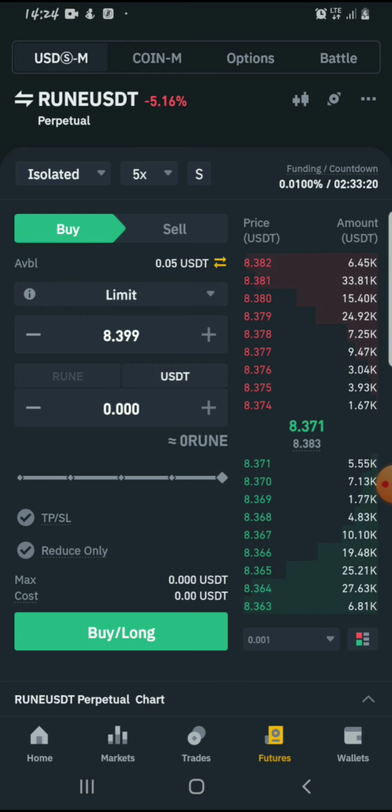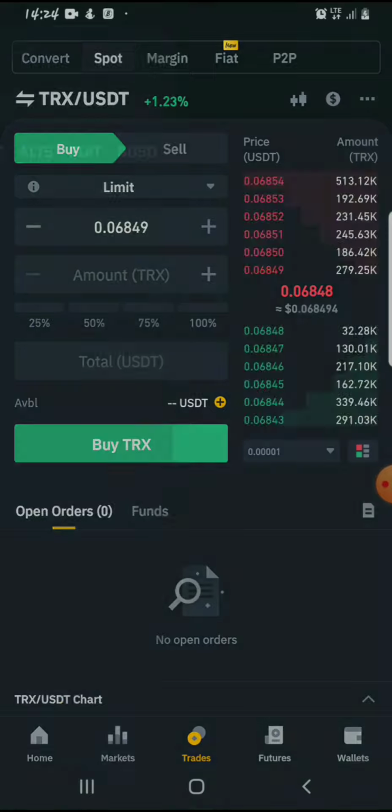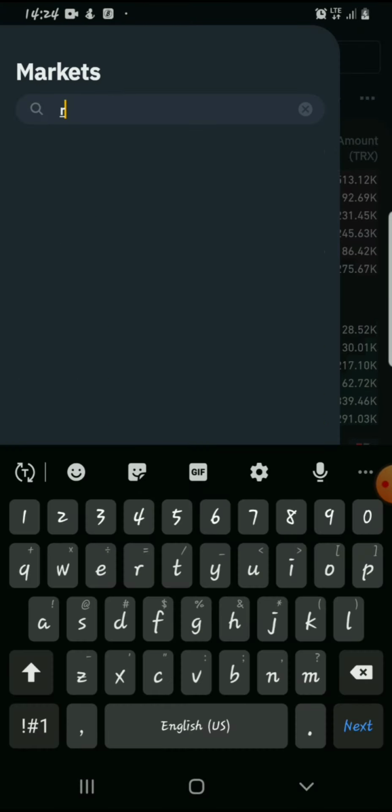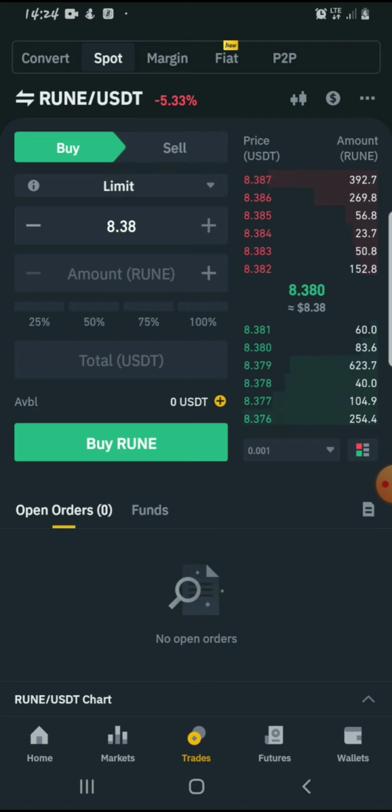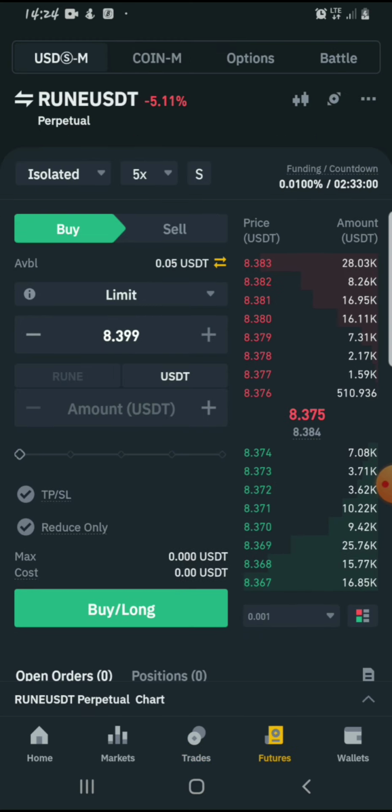But on the spot market, if I trade RUN and the price moves 3%, I'm just getting 3%. But with the futures market, using the leverage, I will gain 15%, because I'm using 5x leverage, and 3% times 5 gives me a 15% return.